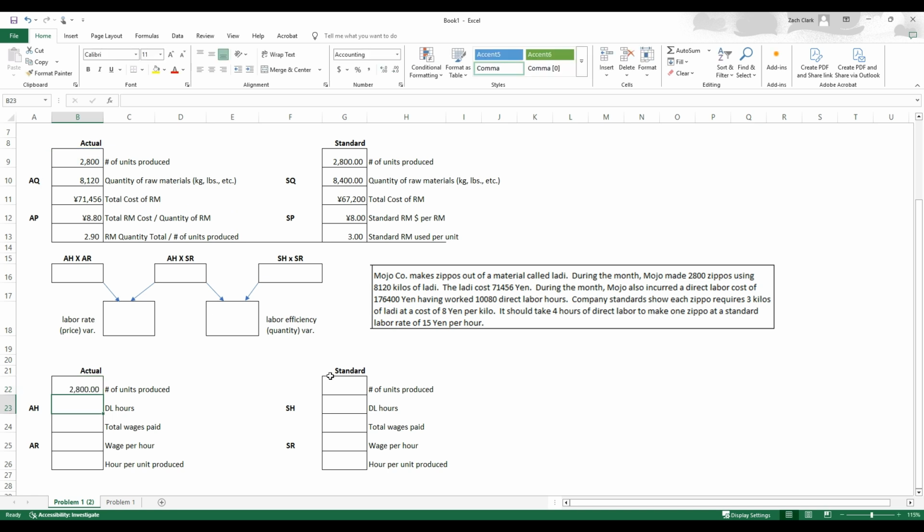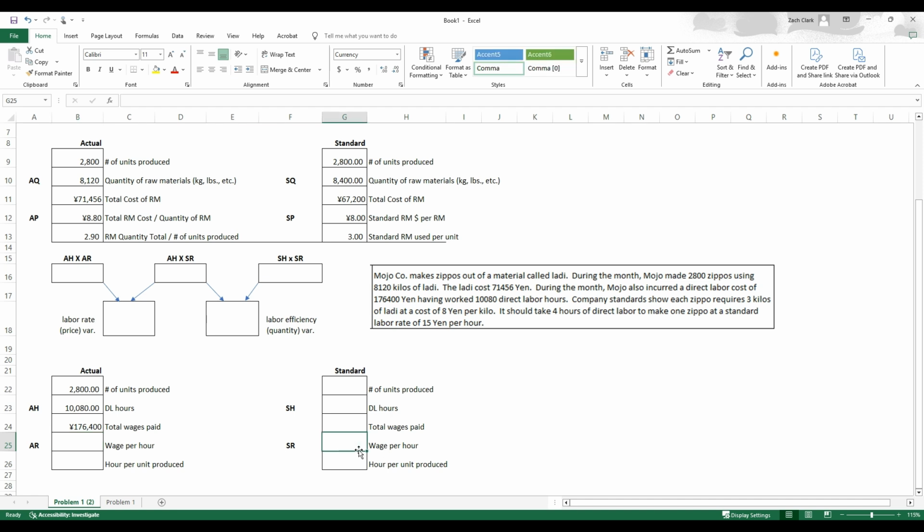We actually had 2,800 units produced. Total actual hours was 10,080, I think. Yep, there we go. Total wages paid were 176,400, and that's the yen, 176,400.